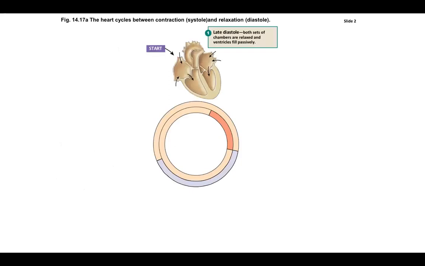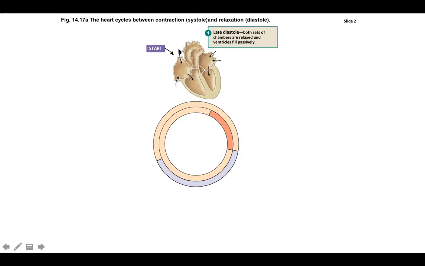So the thing that we have to think about when we start the cardiac cycle is we have to begin at some point. And in this image, we're starting at what is referred to as late diastole. In late diastole, both sets of chambers, both the atria and the ventricles, are relaxed. And during this time, the ventricles are actually filling passively.